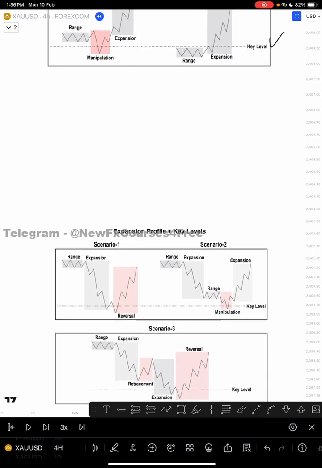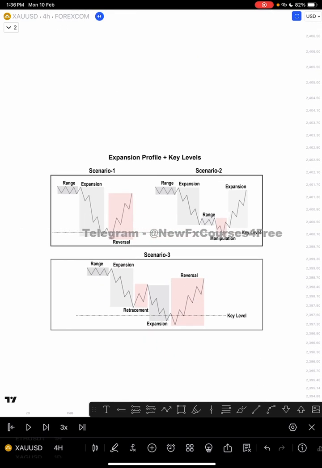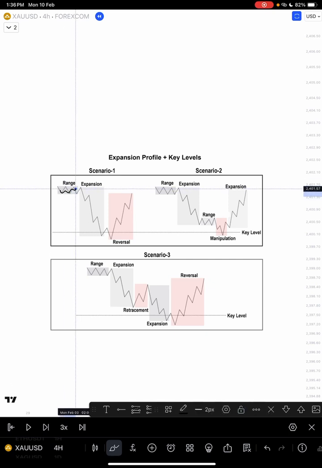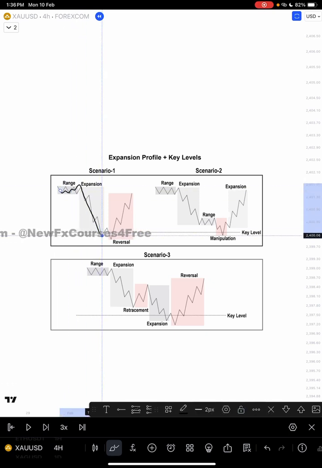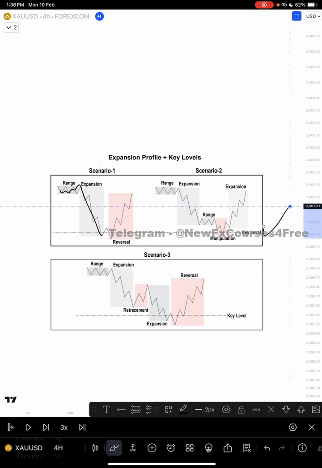So going lower, here is your expansion profile plus your key levels. You got your ranging profile first, expansion lower into our discount key level, then your reversal.